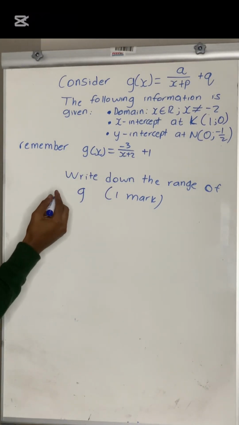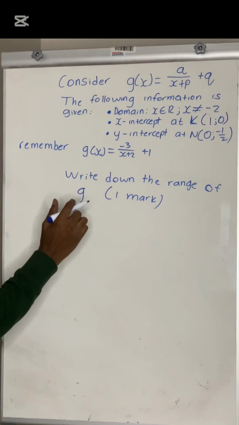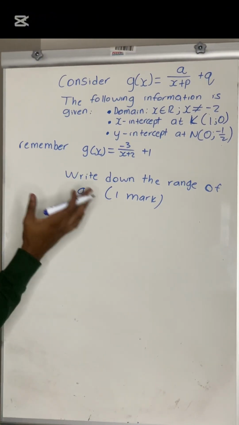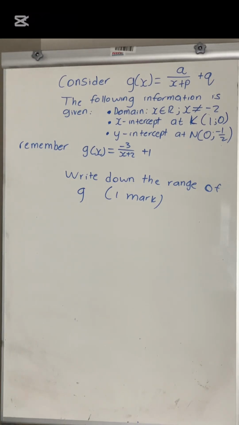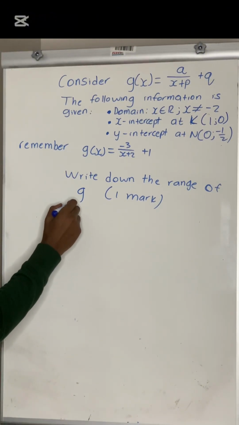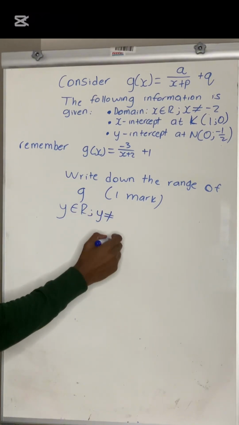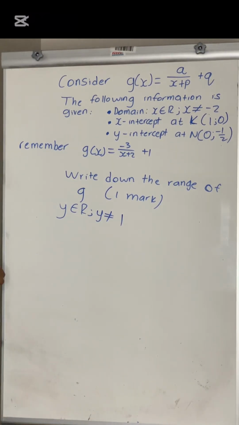Basically the range is a set of all y values for that particular function. The domain is the set of x values for that particular function. So when writing the range, it is basically for all values of y. Y is an element of real numbers, but y cannot be equal to positive 1. Done.